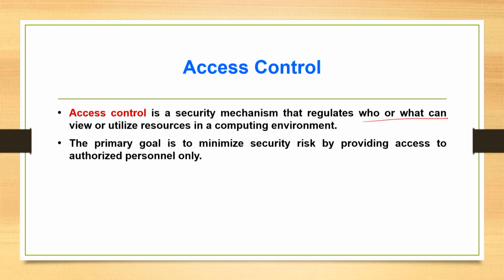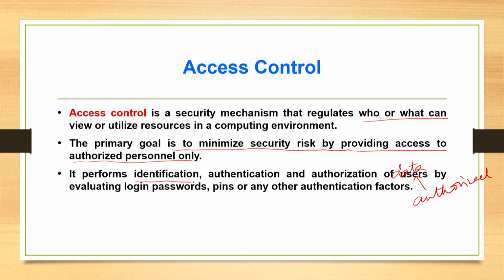The control on that can be provided for providing network security. The primary goal of access control is to minimize security risk by providing access to authorized personnel only. Means this is the data. If it's data, the access to this data will be done only by the authorized person.